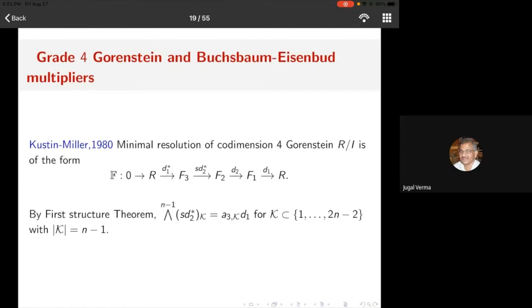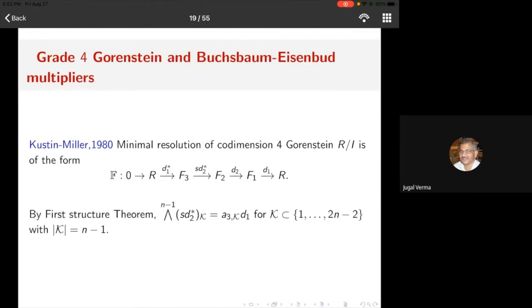As we have seen earlier, as a consequence of the Kustin-Miller result on the codimension 4 Gorenstein resolution, we had a very nice isomorphism between F and F dual. That helps us in determining the resolution. It is enough to determine D1 and D2, and that determines half of the resolution for codimension 4. So we can get D3 and D4, where D3 is S times D2 star, and D4 is D1 star.